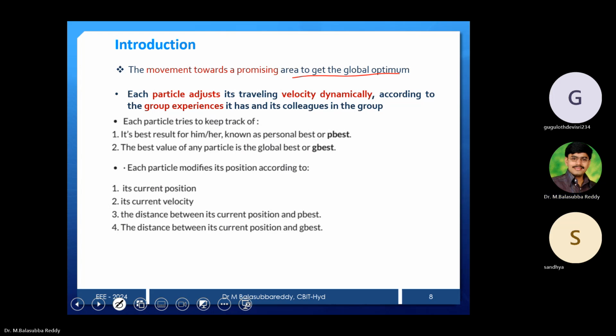Each particle adjusts its traveling velocity dynamically. It is not fixed. Whatever velocity it is going to move with, that is the one point. We can observe that the velocities change dynamically according to the group experience and colleagues in the group.